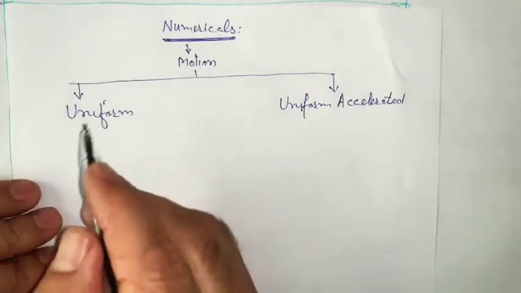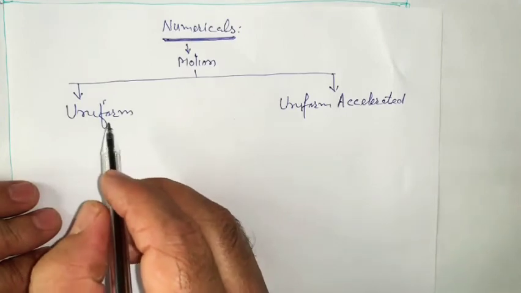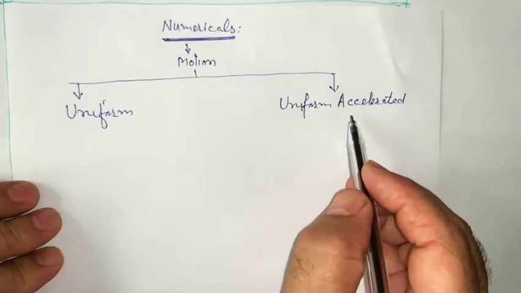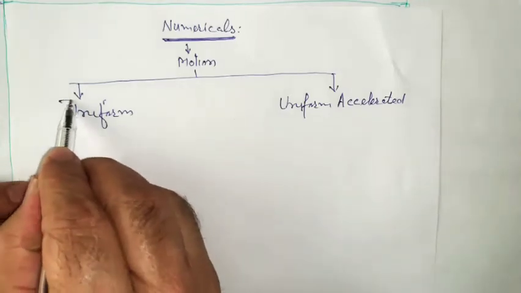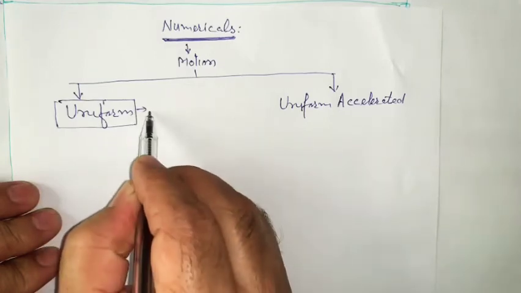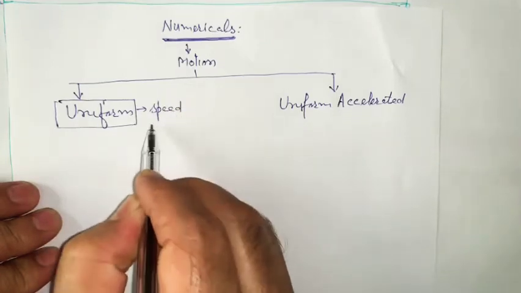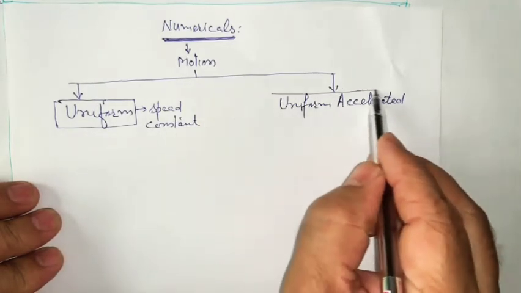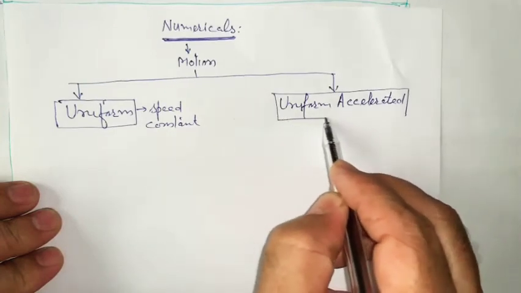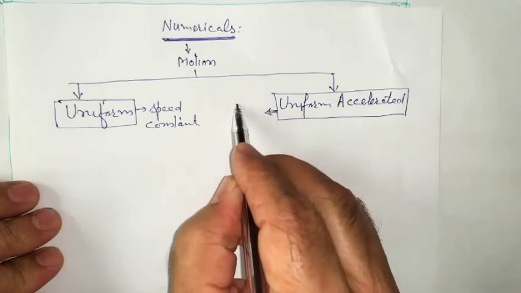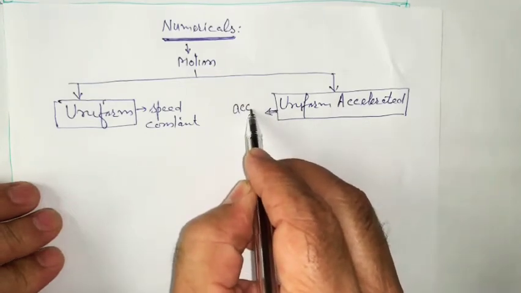Actually, uniform motion means speed remains constant. Uniform accelerated motion means acceleration remains constant.